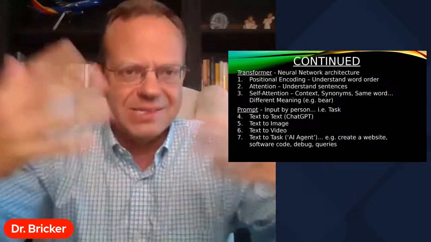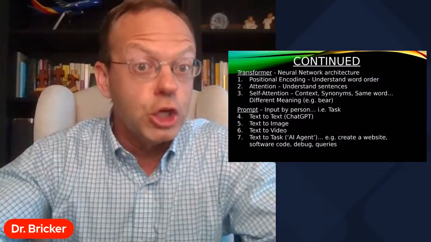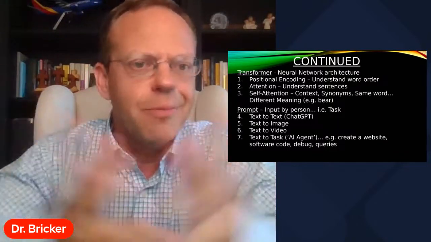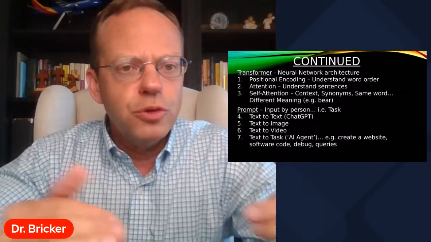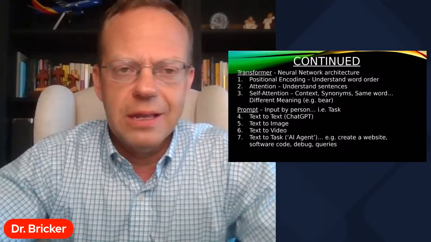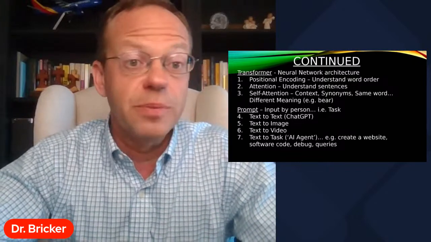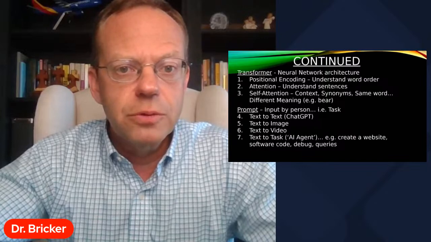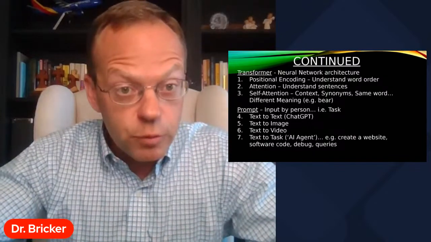There's actually a science to writing good prompts. But you can just be like, hey, make a website for me. Or you can type, create this software in Python or C++ or what have you, and it will actually write software for you. It will debug software for you.